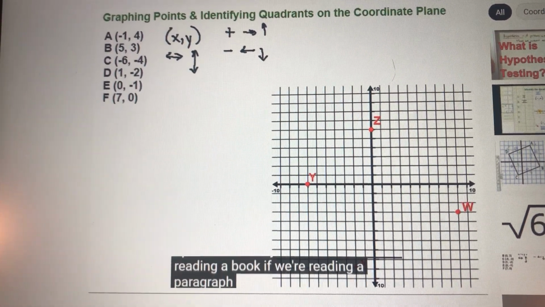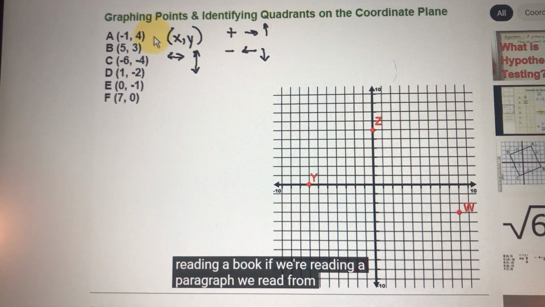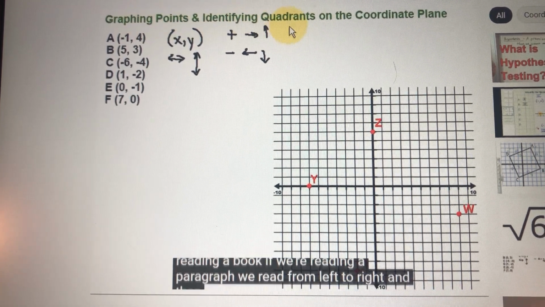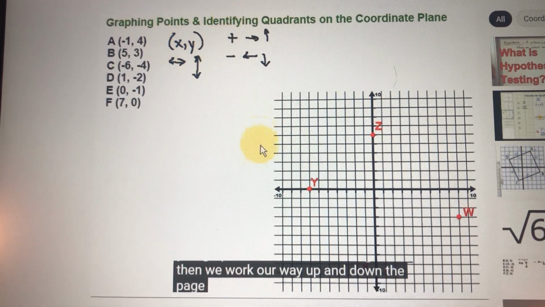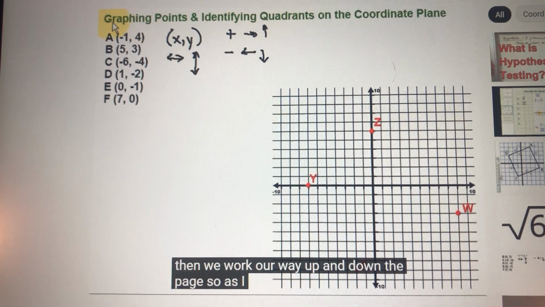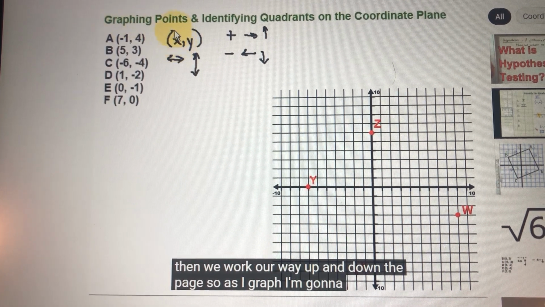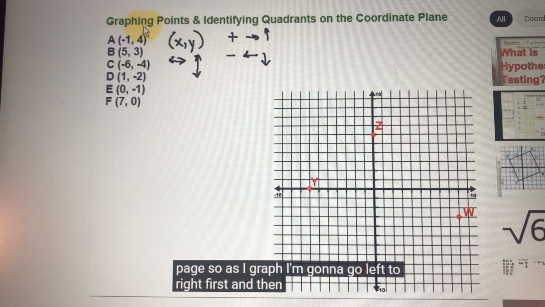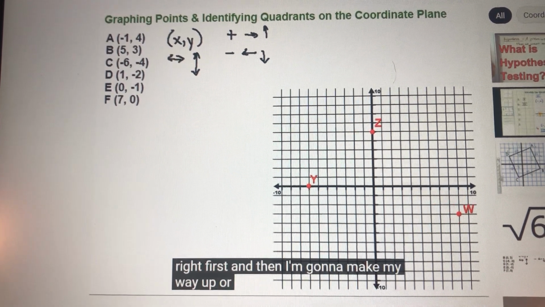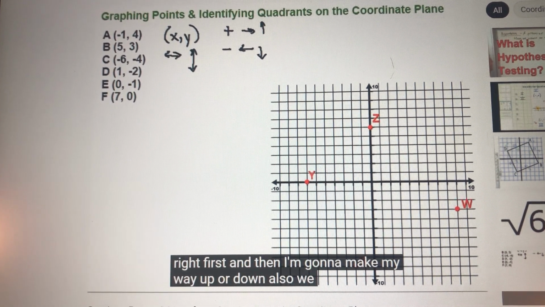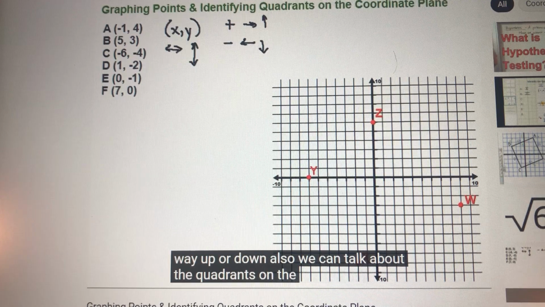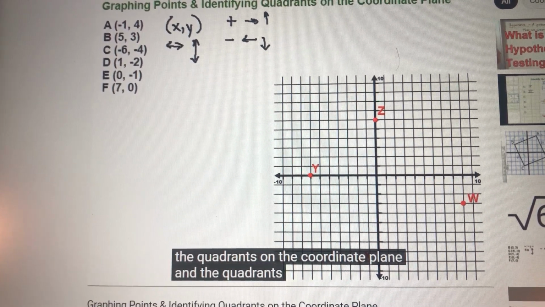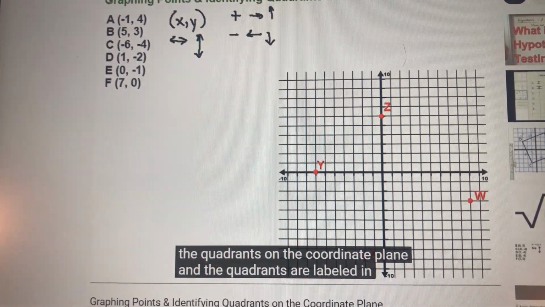If we're reading a paragraph, we read from left to right, and then we work our way up and down the page. So as I graph, I'm going to go left or right first, and then I'm going to make my way up or down.